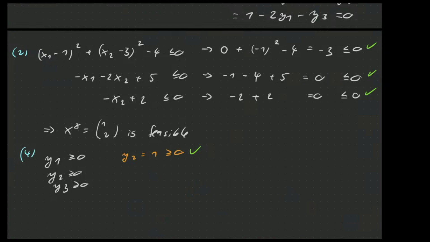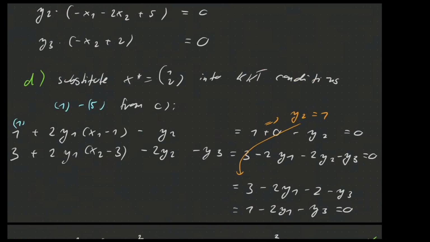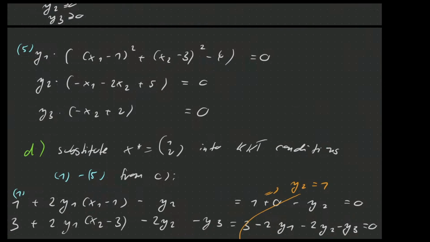If y2 would have turned out to be negative, we could have stopped at that point. For the others, we don't know yet, so we'll have to check that later. And first take a look at the conditions number 5 here.